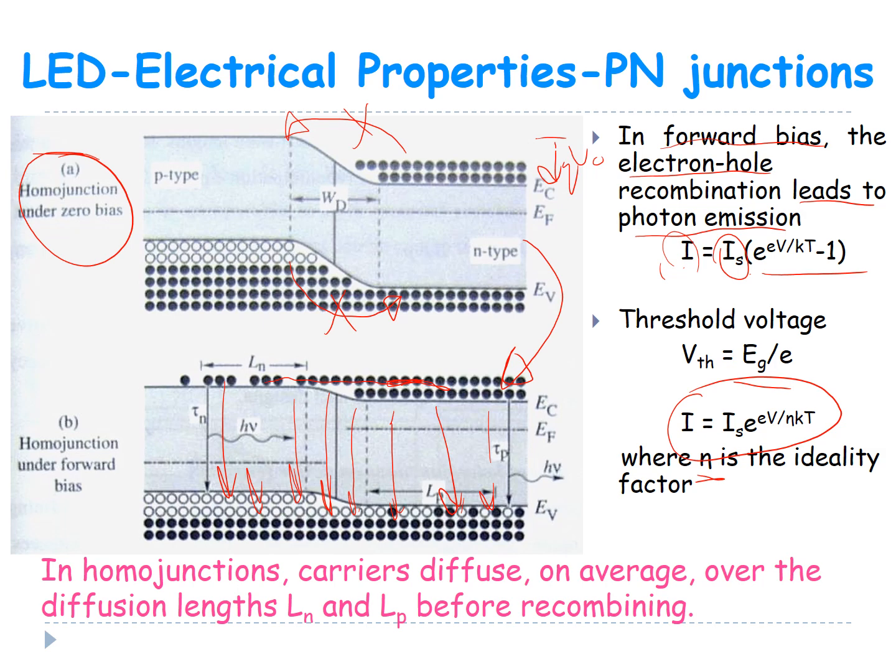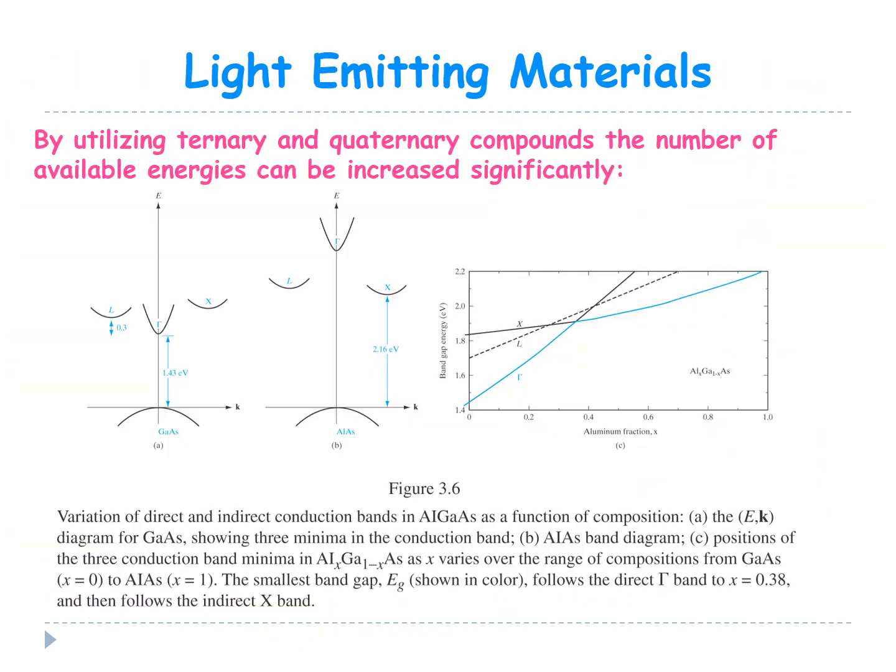In homojunctions, carriers diffuse on average over a diffusion length Ln and Lp before they recombine. So it's very important for you to understand that in LEDs, recombination will occur within these three regions, Ln, Lp, and W, and you have to forward bias. So we use the first quadrant where we forward bias our PN junction for LED applications.